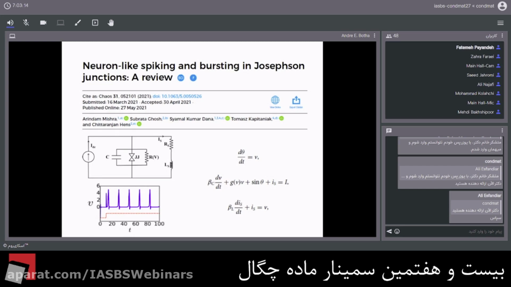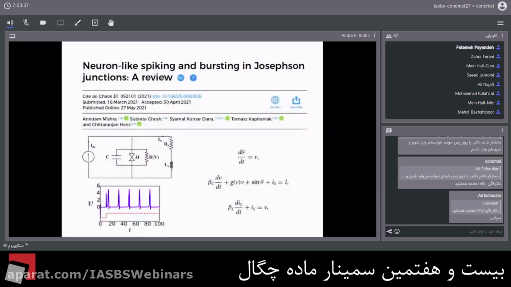And then the sinusoidal term and the usual bias current. So it's a relatively simple model, actually a very simple model, and yet it exhibits some of the desired properties that are needed for modeling the neuron.